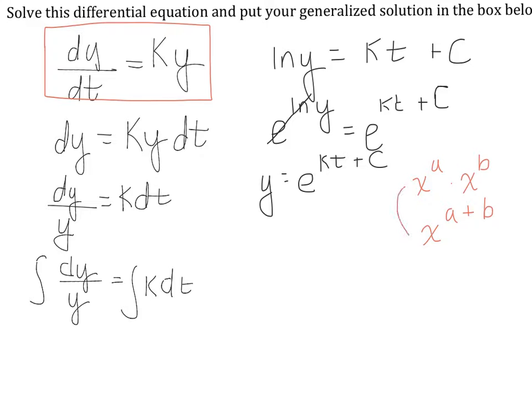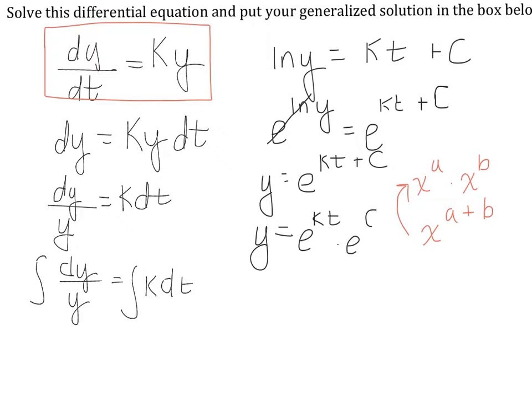And so we're just going to use that in reverse, that if we had added exponents, we must have been multiplying like bases. And that will let us write y equals e to the kt times e to the c.